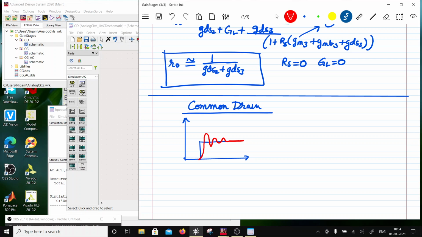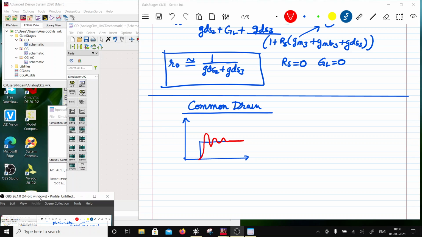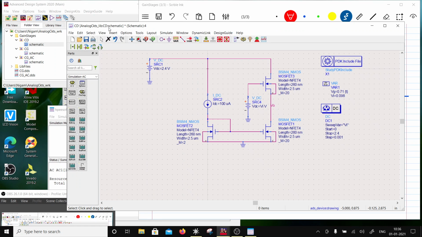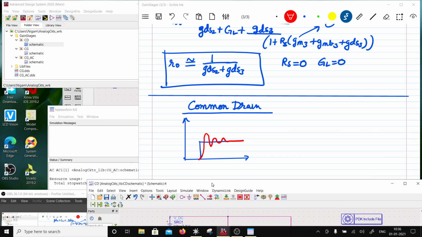Okay, so if I was to avoid this ringing, I would have to load the output with an RC. That R is going to give you enough damping. If you make R very small, then the damping would be more, and it will be critically damped, but it will take more time to settle. So settling time would be more.